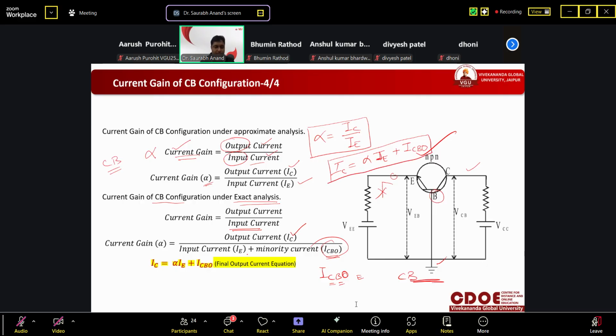So IC is nothing but alpha IE using this formula, but some leakage current will also be there, that is ICBO, the current between collector and base while the third terminal is open. Open shows that the third terminal, which is not here, the emitter terminal, is open. So we will just disconnect it, and then current will not flow. This is known as open.